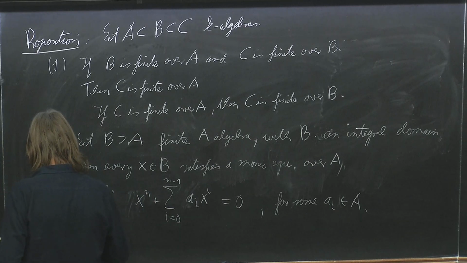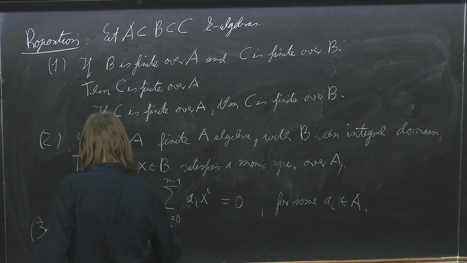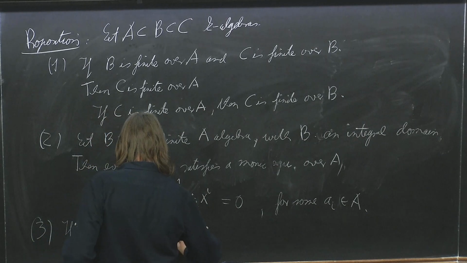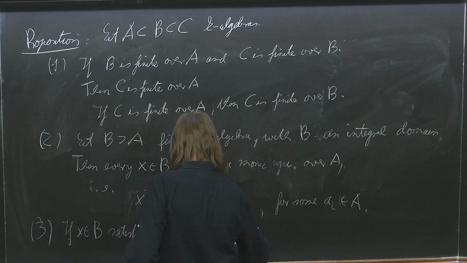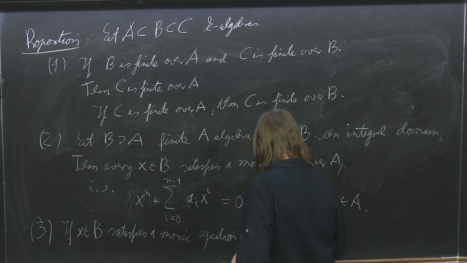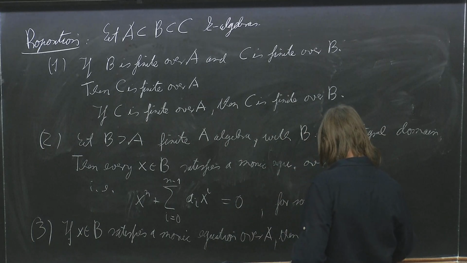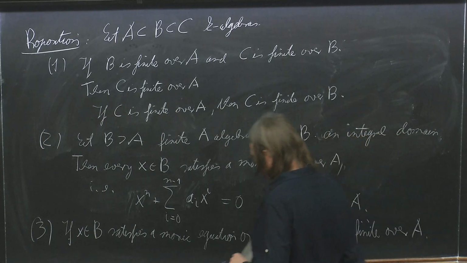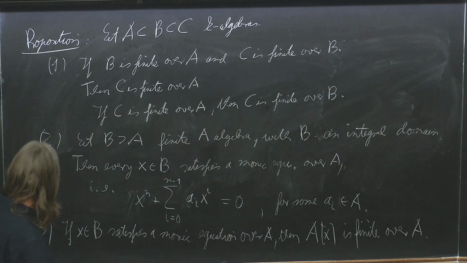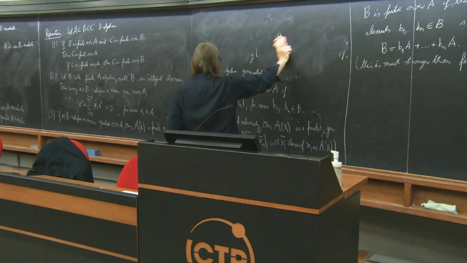So if x in B satisfies a monic equation over A, then A[x] is finite over A. That statement is actually quite obvious, but anyway, it's useful to know. So the 1 and 3 are quite simple.